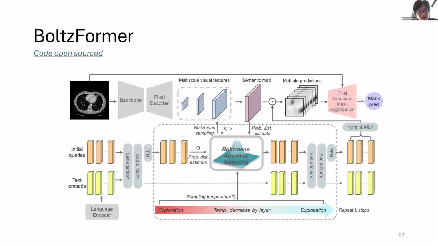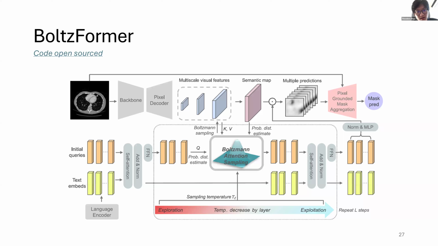In every layer of the model, these latent query vectors will estimate a probability distribution as described in the previous slide, randomly sample some patches from the image, and only use those sampled patches as the key and value for the attention calculation.